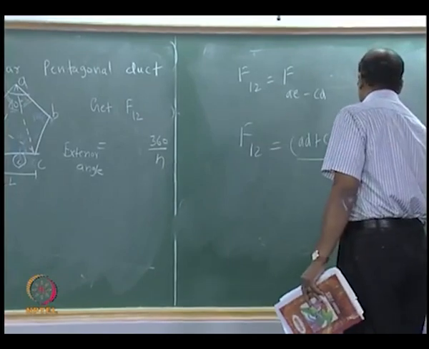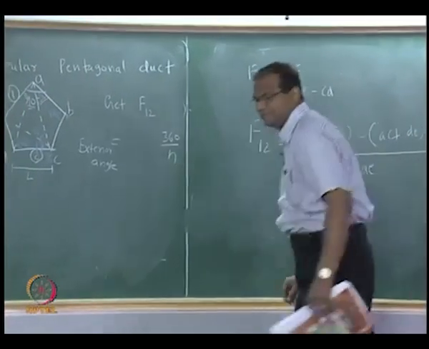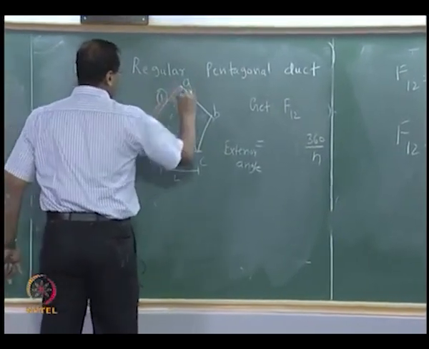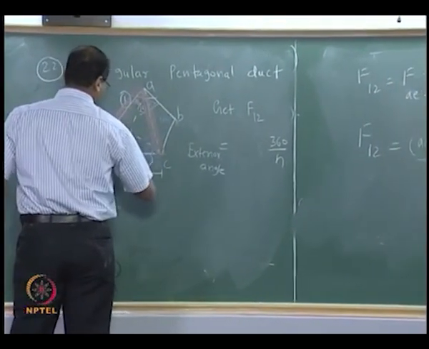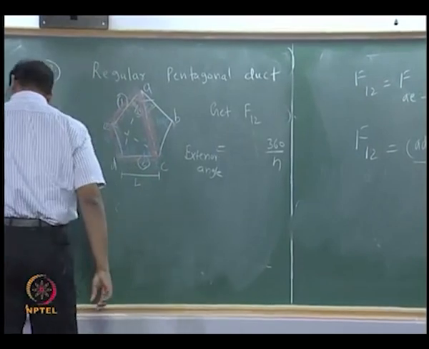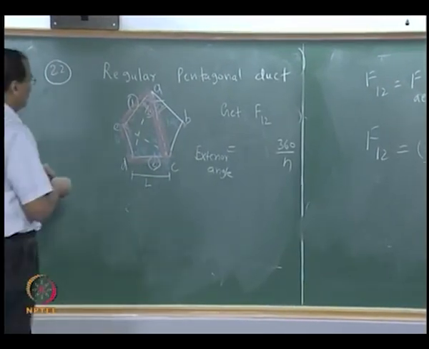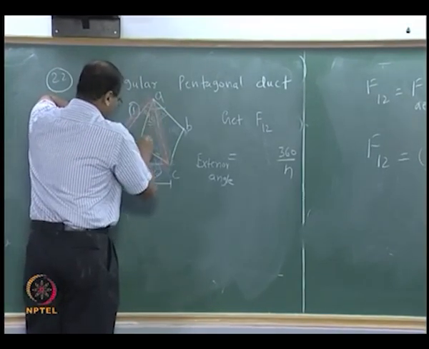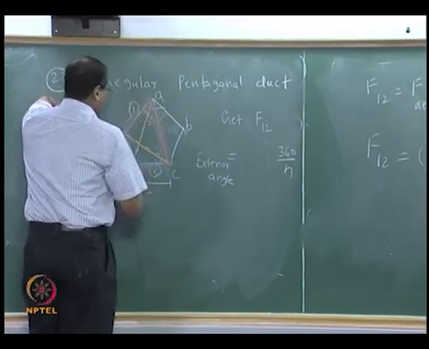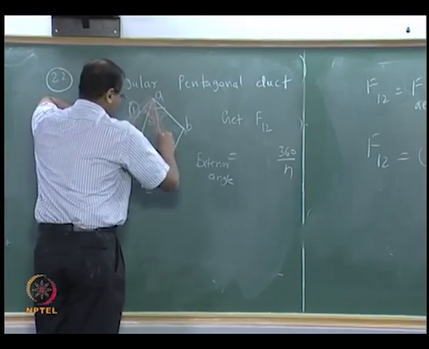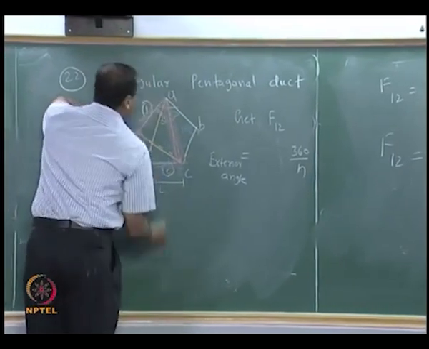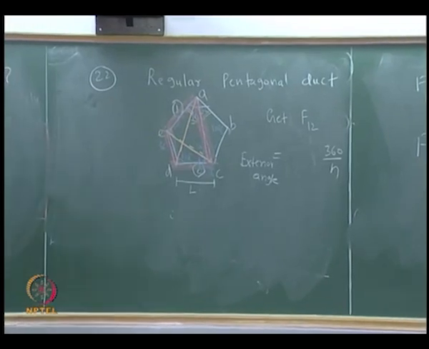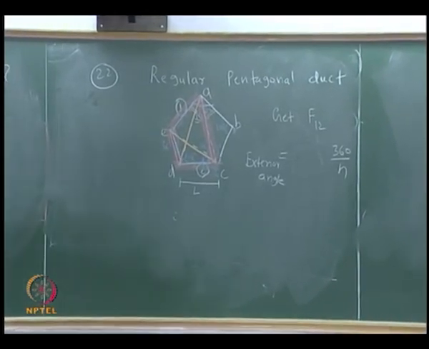What did I do? So F12 is the sum of crossed strings minus the sum of uncrossed strings, divided by 2 times... okay. Now what are these values?